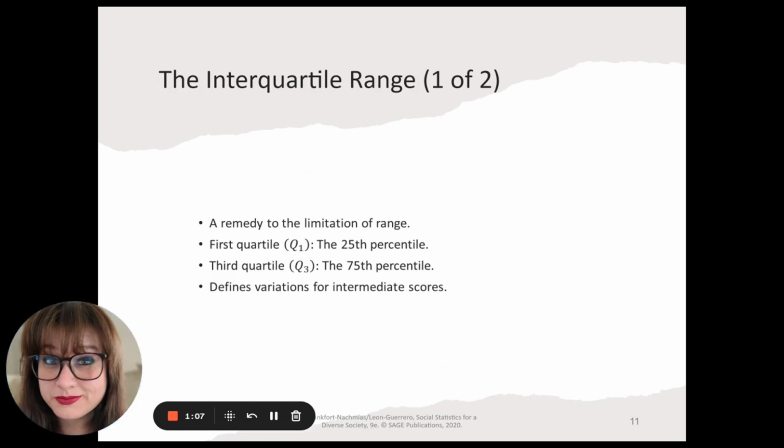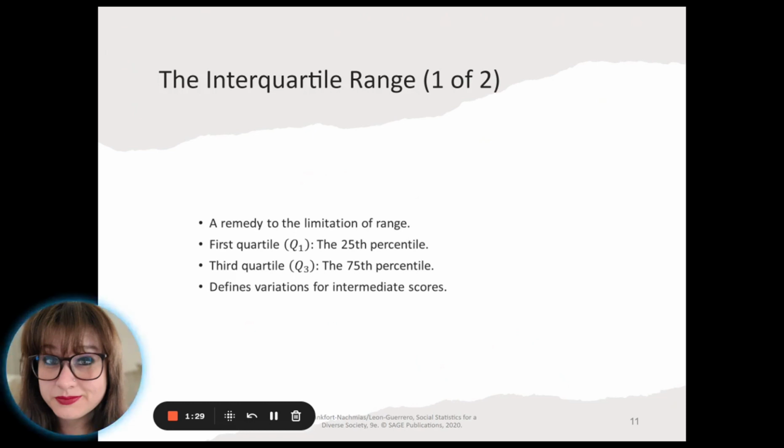The range also is limited because it really shows the extremes, which is why it doesn't give us full information about the variation. It can give us a range, which shows that it's a large range, of course.